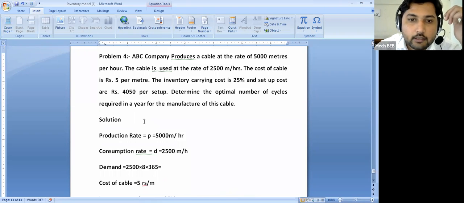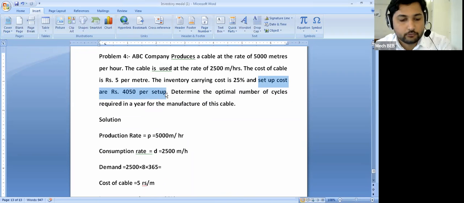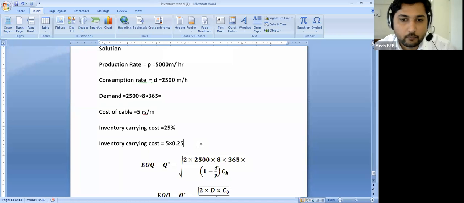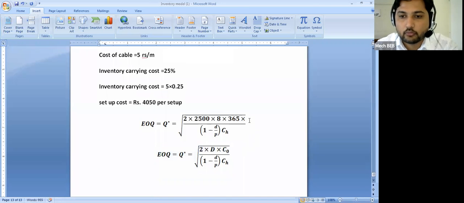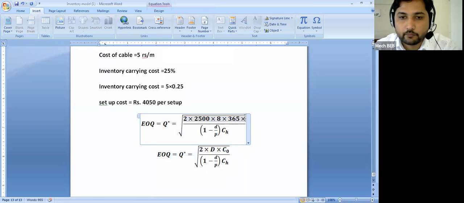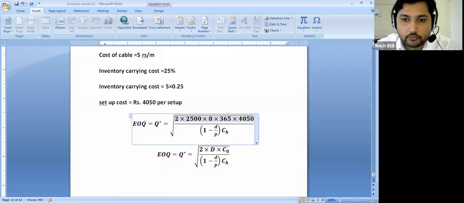The setup cost is provided, equal to 4050.